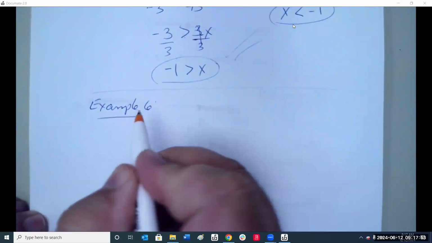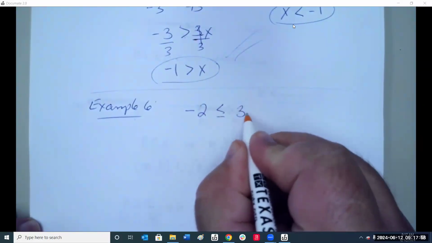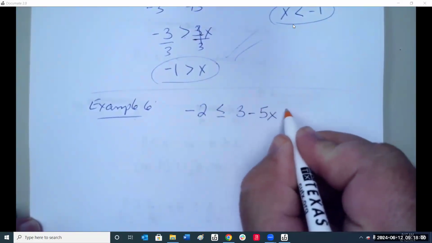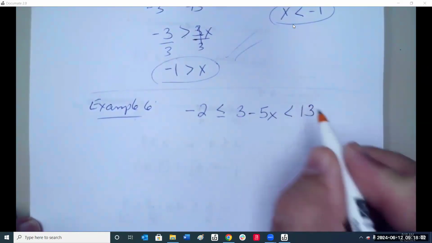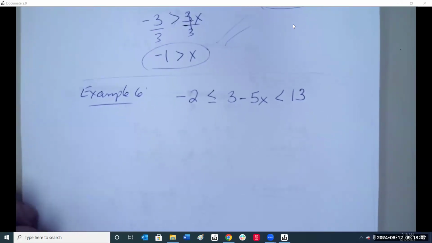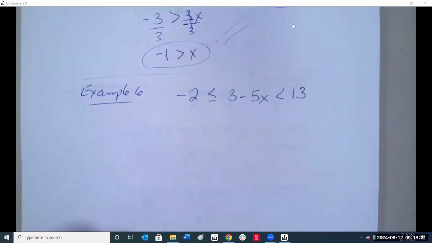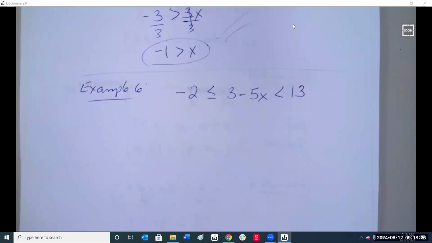Which brings us to example 6. -2 is less than or equal to 3 minus 5x. Okay, so I'll let you do this first.